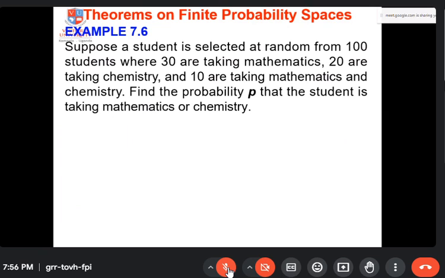Now we can calculate the probability of math union chemistry by using the formula which says what? Very good. So can you calculate that one?